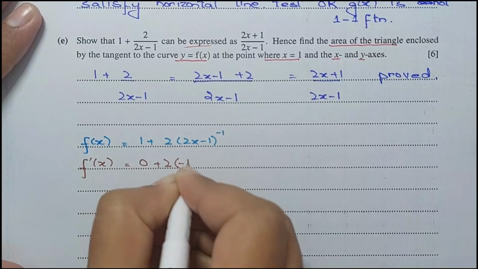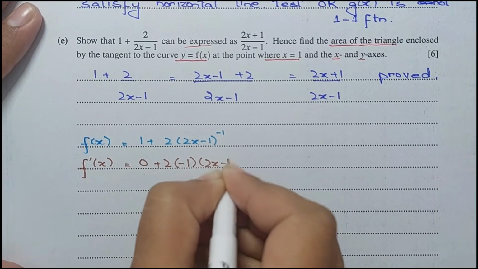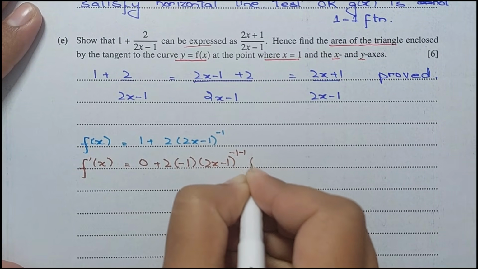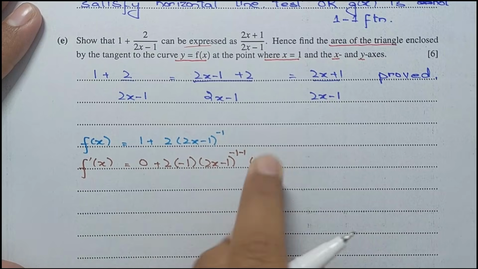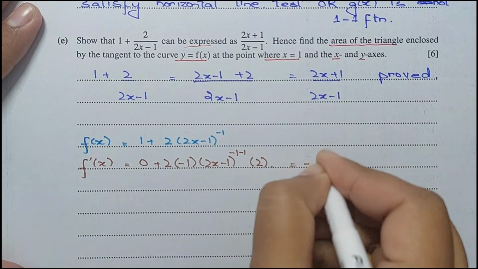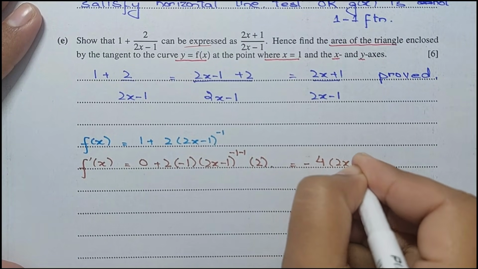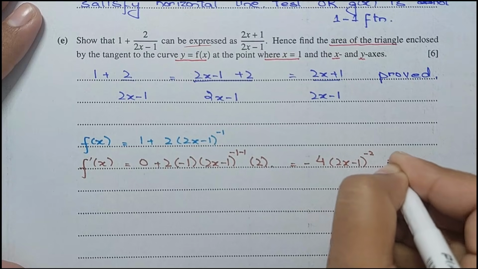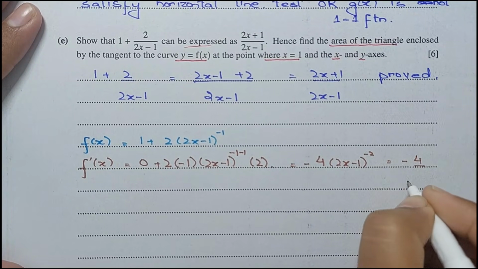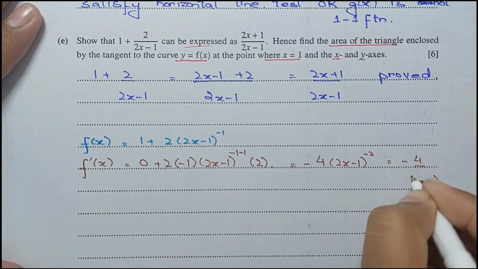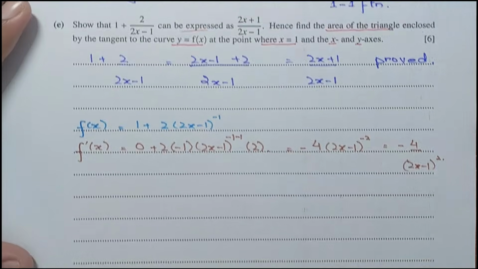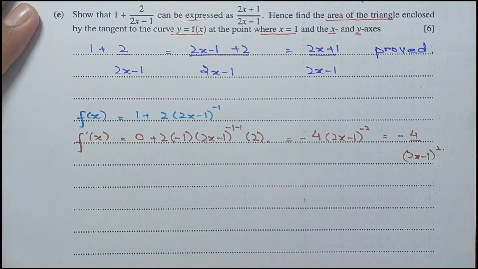Applying the power rule, we have power minus 1, and the derivative of the base function is just 2. So 2 times 2 is 4, so we have minus 4 times (2x minus 1) to the power negative 2, or we can say minus 4 divided by (2x minus 1) whole square, shifting it to the denominator, right?